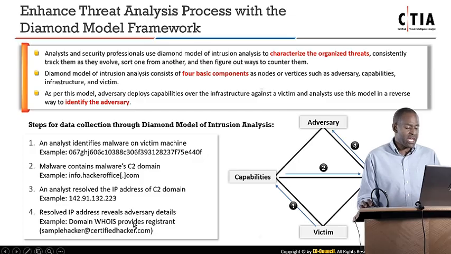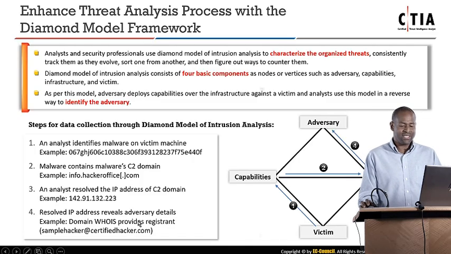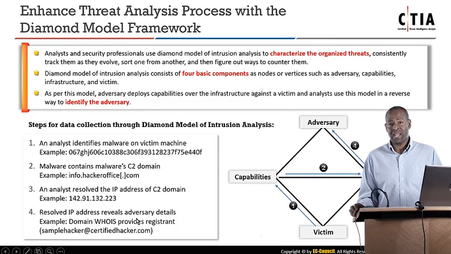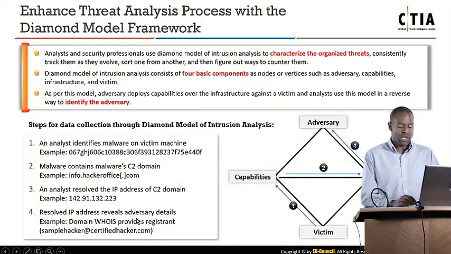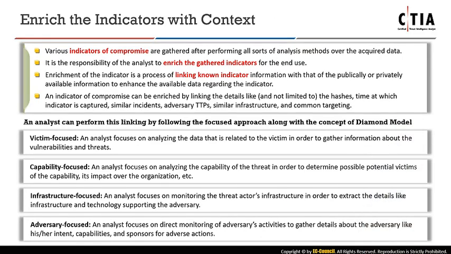So we've done a whois on the domain registrar and got more details on the actual adversary. So the Diamond model can actually be fairly helpful in wargaming what's going on in terms of the intruder themselves, right? So that's one of the tools. So next, we can enrich the indicators that we find with context.